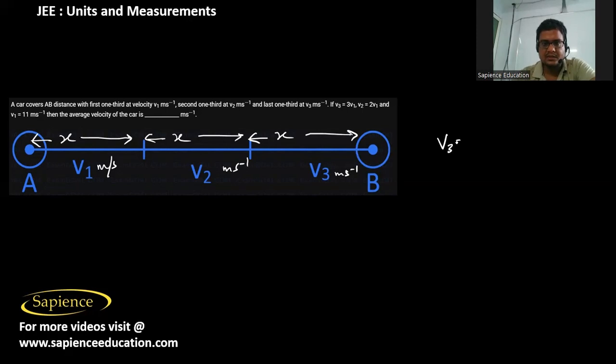And here it is told v3 equal to 3 times v1 and v2 equal to 2 times v1, and v1 equals 11 meter per second. It means v2 will be 22 meter per second and v3 is 33 meter per second.